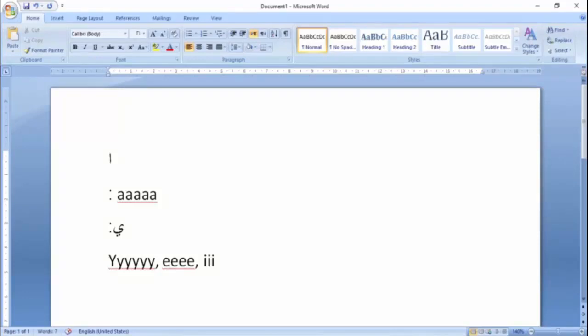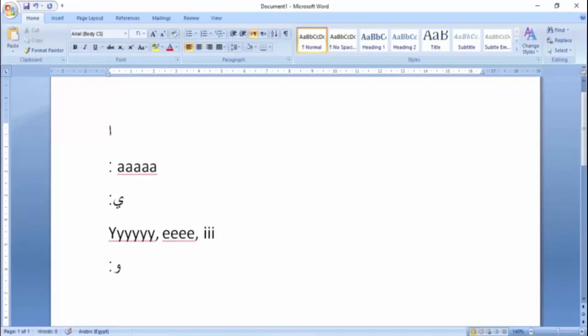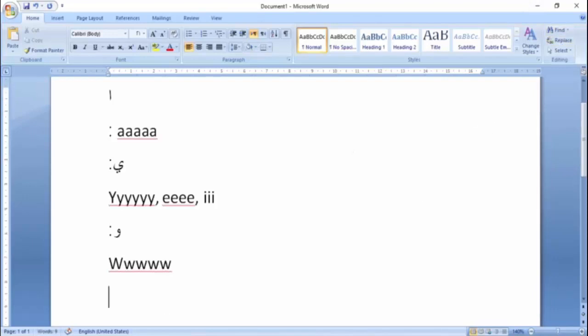The third long vowel that we have is Waw. Letter Waw is equivalent to the English W. These are the 3 main long vowels in the Arabic language, and the rest are all consonants.